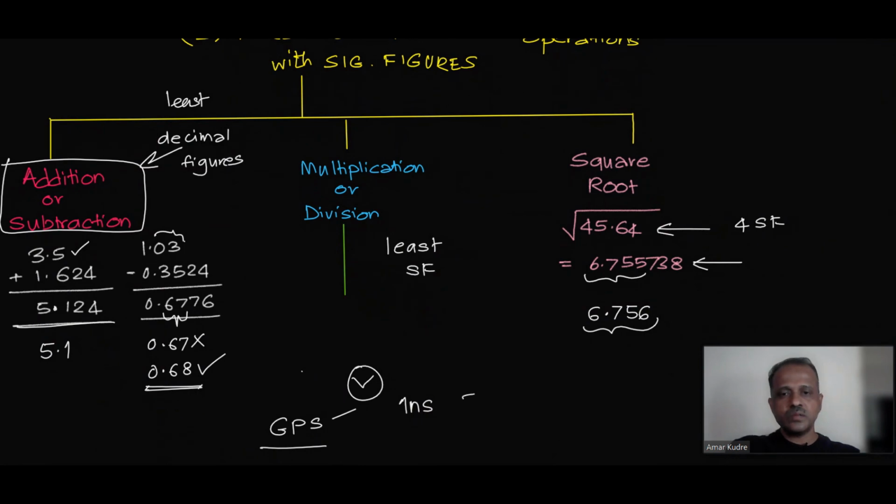Now here in this case, we cannot afford to take the value of the speed of light as 3 into 10 to the power 8 meters per second, because the significant figures will be very less and we will really go haywire. We may go out of the location, may go out of the earth also.